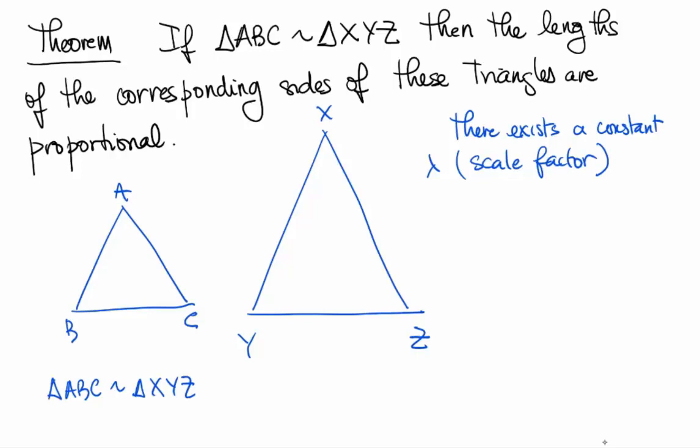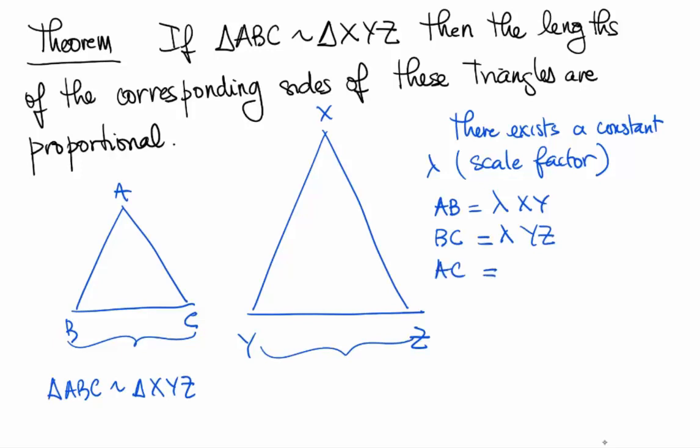such that the length of the segment AB is going to be equal to lambda times the length of XY. And if you take the length of BC, it's going to be again lambda, the same lambda, times the length of YZ. You can then guess also that AC is going to be lambda scaling XZ. So you can think of this as maybe some kind of magnifying glass, right?